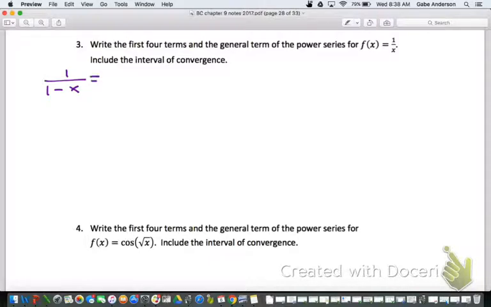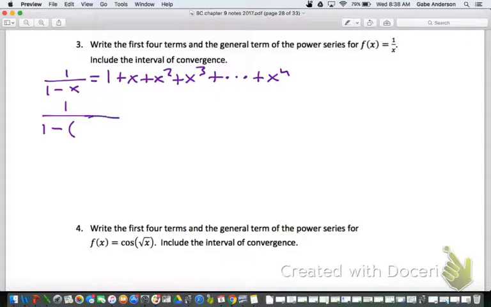Let's remember, though, that 1 over 1 minus x is equal to 1 plus x plus x squared plus x cubed plus dot dot dot x to the n. So the substitution goes like this. 1 over 1 minus, if I replace the x with 1 minus x, then I believe it'll be accomplished, right? Because it would be 1 minus 1, which is 0, and then minus minus x would be plus x. This is a little tougher substitution here.